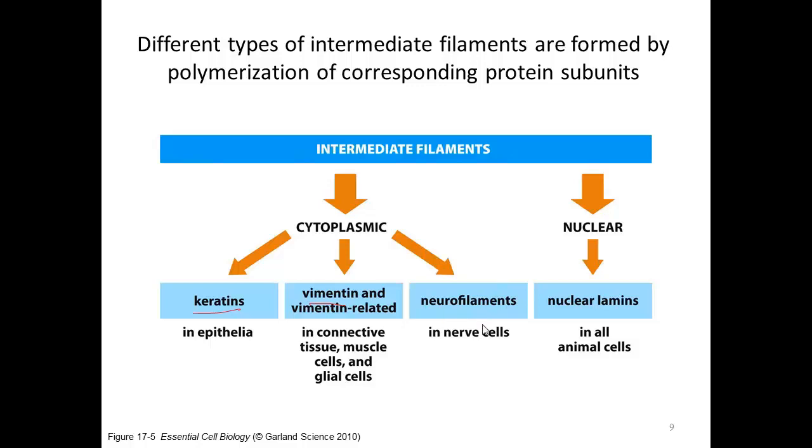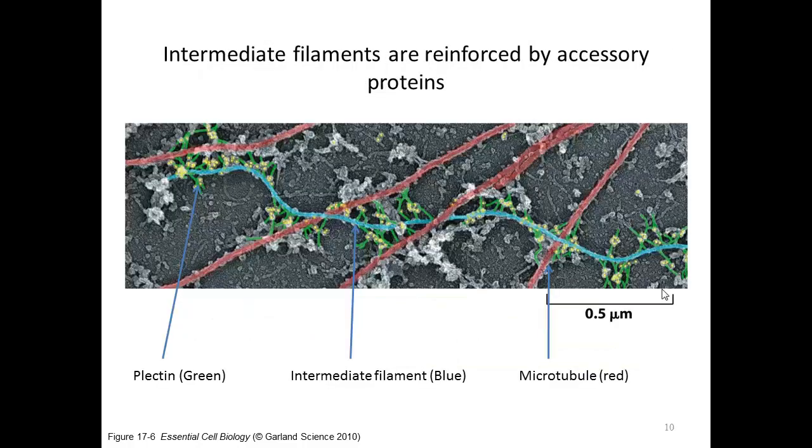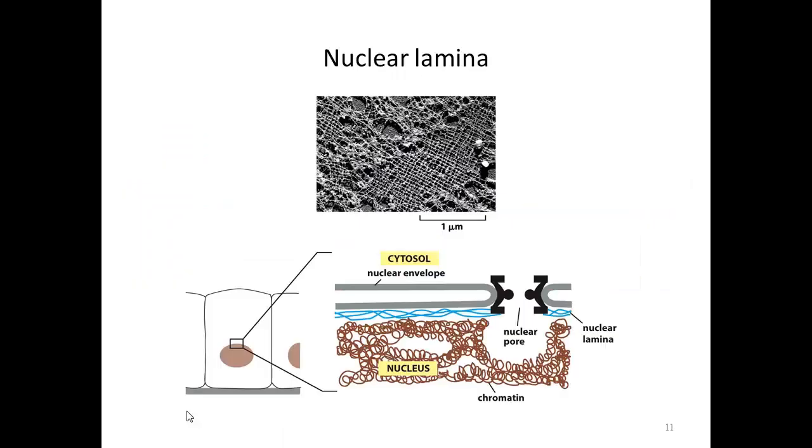These can play a role in the disease processes of ALS. And then all cells have nuclear lamins, which is a meshwork of intermediate filaments giving structure. Intermediate filaments are connected to each other and also microtubules by a protein called plectin. This is going to form cross-links, which greatly strengthens the cell's ability to withstand forces.